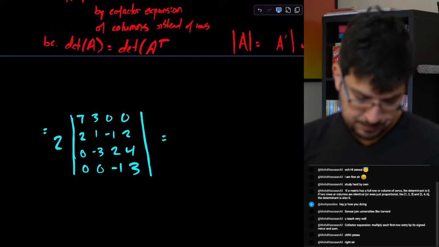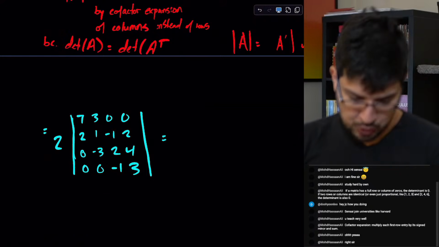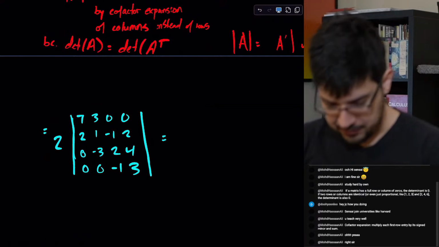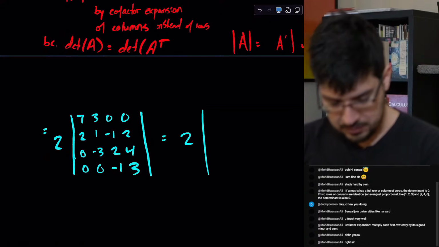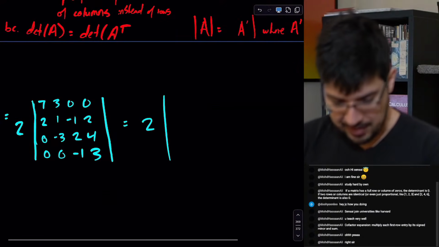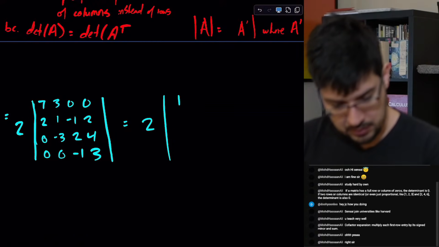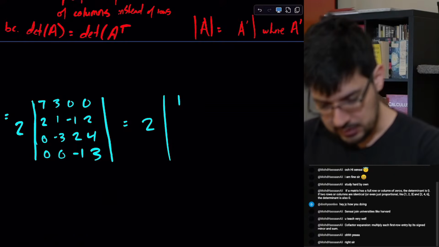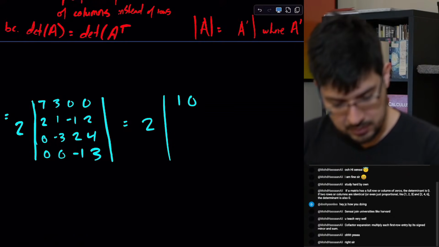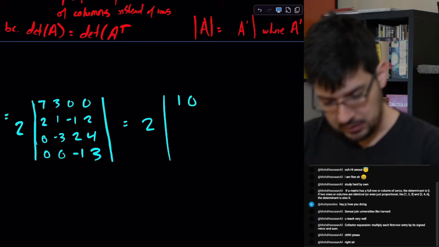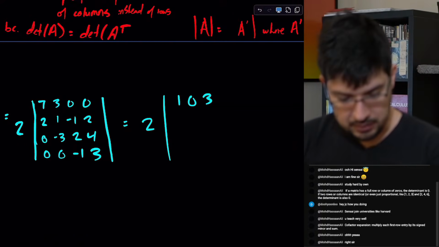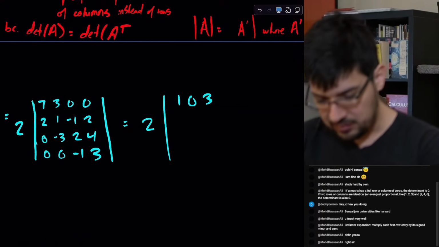Now, let's subtract 3 times the second row from the first, just to work with 1 instead of 7. So 7 minus 6 is 1. 3 minus 3 is 0. 0 minus negative 3 is positive 3. 0 minus 6 is negative 6.